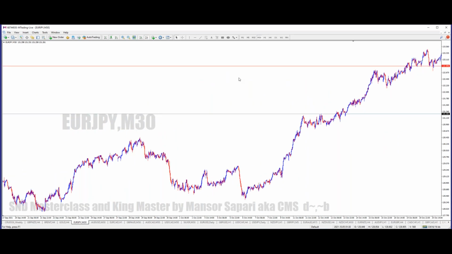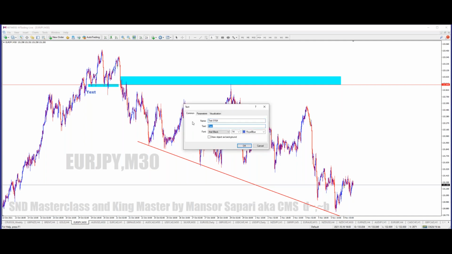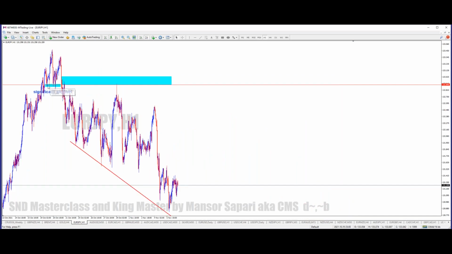For example, in the chart itself, let's suppose I do this marking. This is your significant support. We have S1, S2, and S3. If you change the time frame, it is still the same place. The significant support doesn't change place. Let's say I change to H1, you still see the support over here.